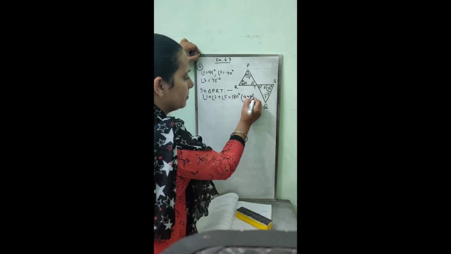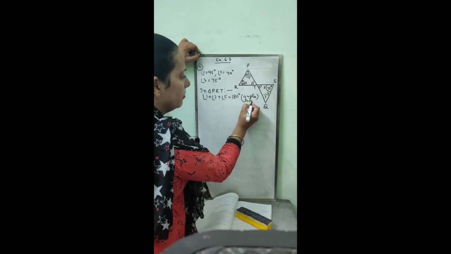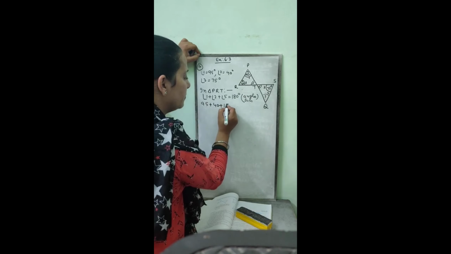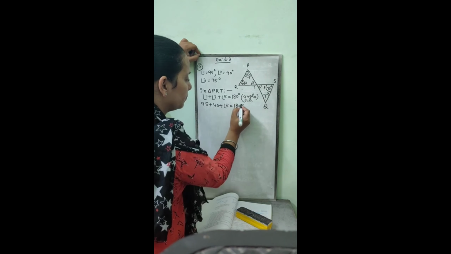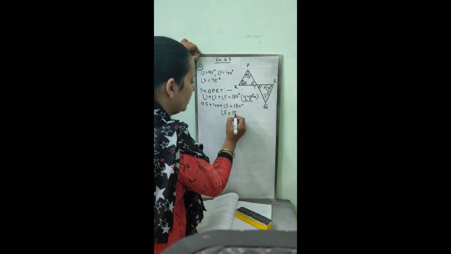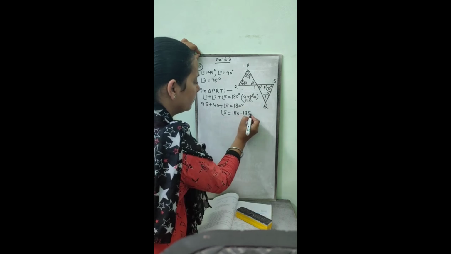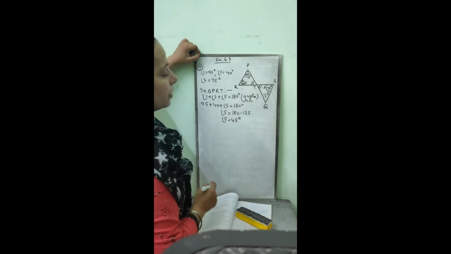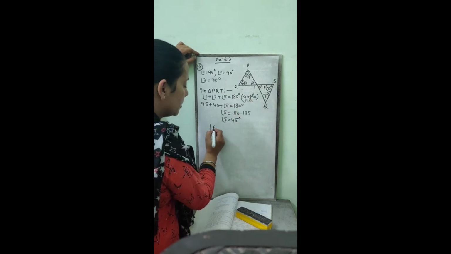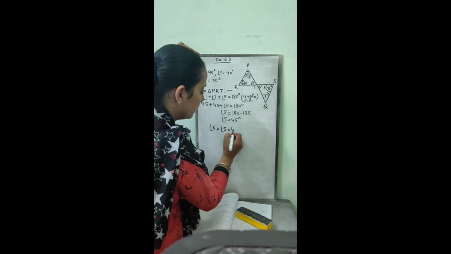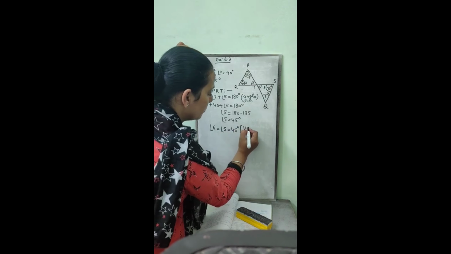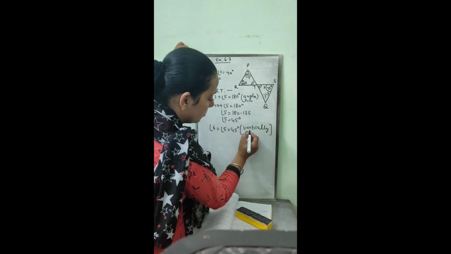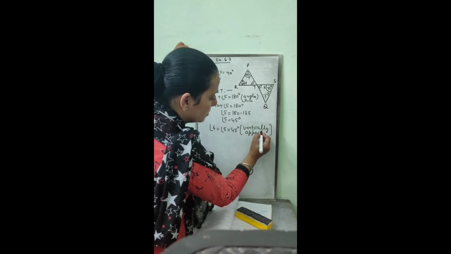Due to angle sum, 1 is 95, 2 is 40, 5 is as it is. 180 minus 135, you will get angle 5 as 45 degree. Now angle 6 is equal to angle 5 because these are vertically opposite angles.